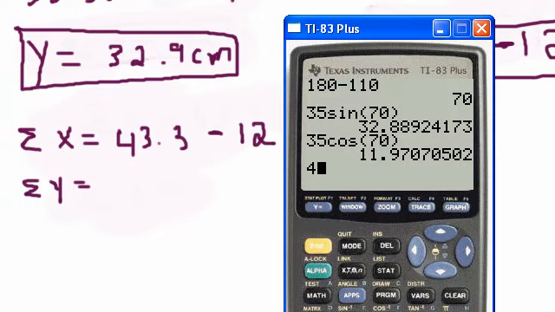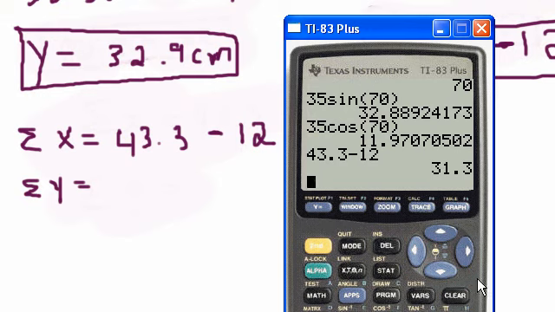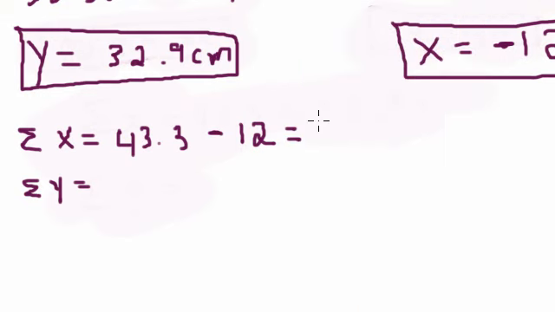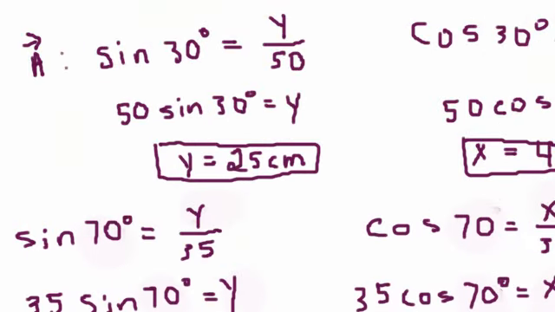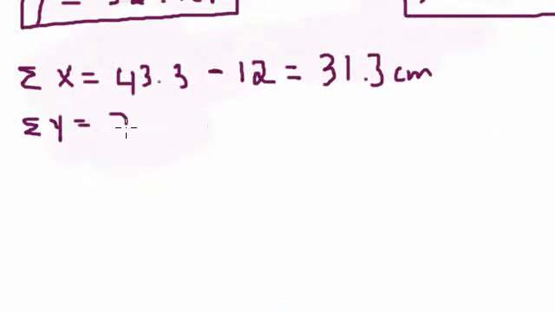31.3 centimeters. And the y component for the first one, we have a y component of 25 centimeters. And for the second one, we have a y component of 32.9. And it's in the positive y direction, so you add 32.9.